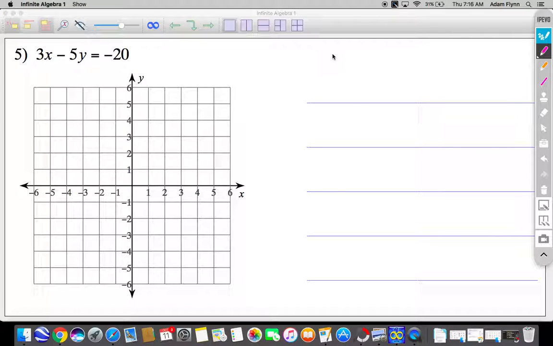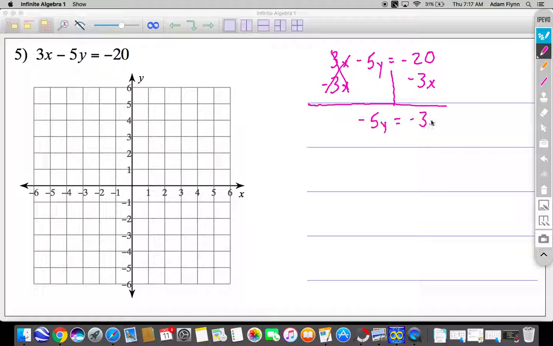So number 5, 3x minus 5y equals negative 20. So first step, I'll subtract 3x from both sides. 3x minus 3x cancels. So I'm left with negative 5y equals negative 3x minus 20.